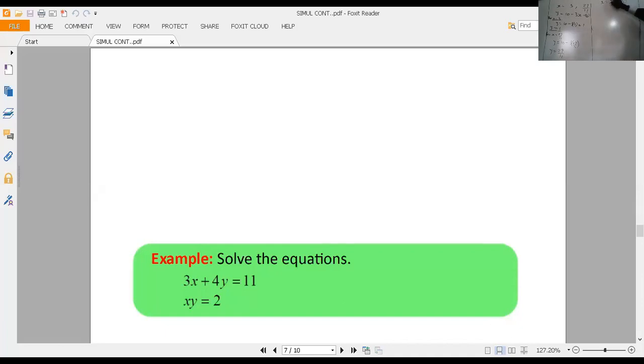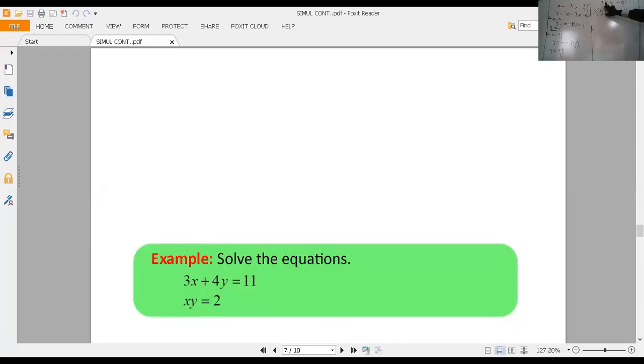From equation 2, we can divide both sides by y. When you divide both sides by y, you have 2 over y. Call that equation 3, and then substitute this into equation 1. Then for x, you have 3 into 2 over y plus 4y equals 11.